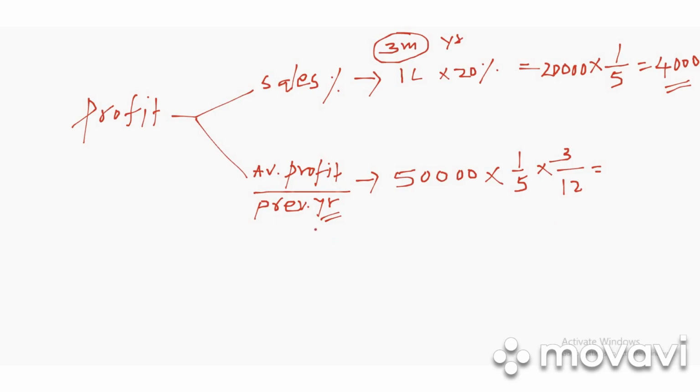You simply take the average profit or previous year's profit, then convert that into the corresponding period. If it is 3 months, then it should be 3 by 12 or 1 by 4 into the deceased partner's share. So you calculate the amount. That will be the profit entitlement of the deceased partner.